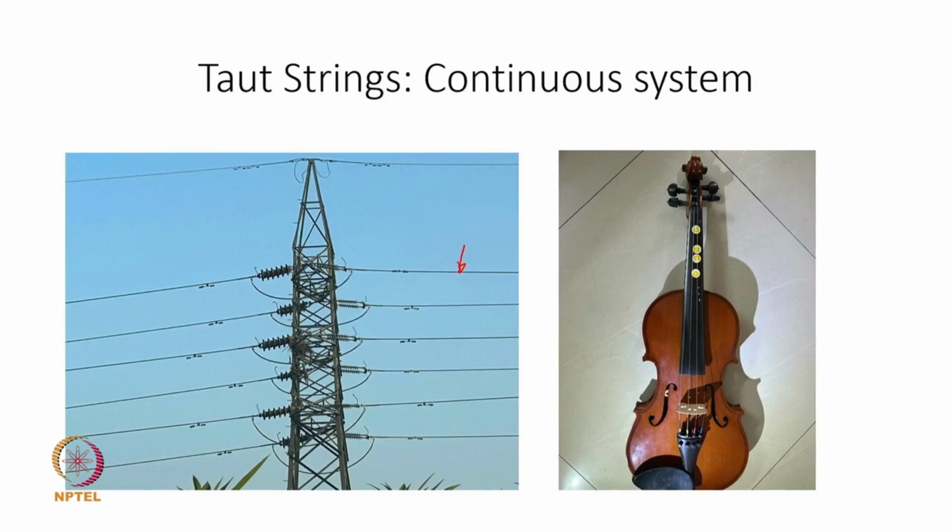The other more common example which you can relate with very quickly are the strings of musical instruments, such as a guitar or a violin, where the strings are taut and fixed at both ends, and such taut strings can then generate sound when you pluck them. So these are some examples of a continuous system. The simplest of the continuous systems is a stretched string. That's what we are going to start with.